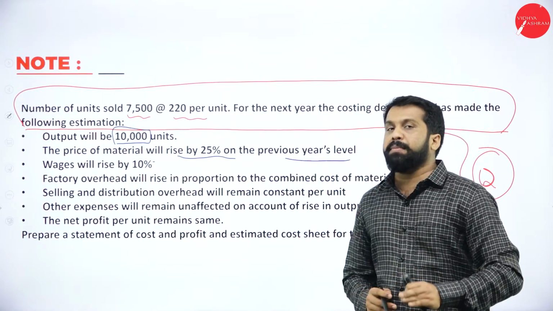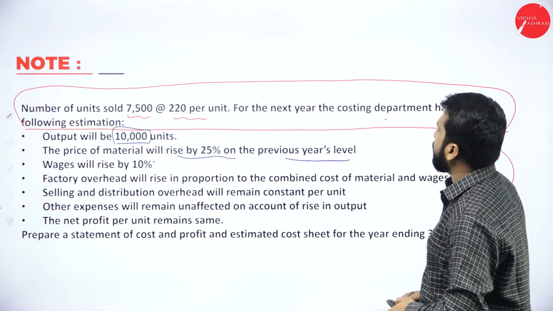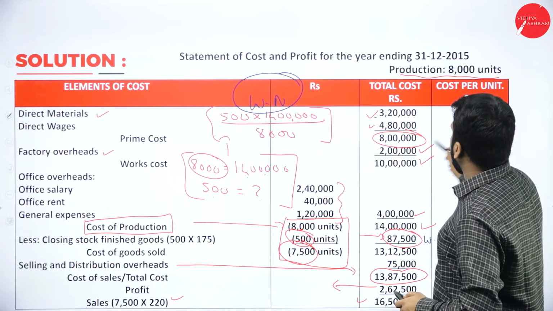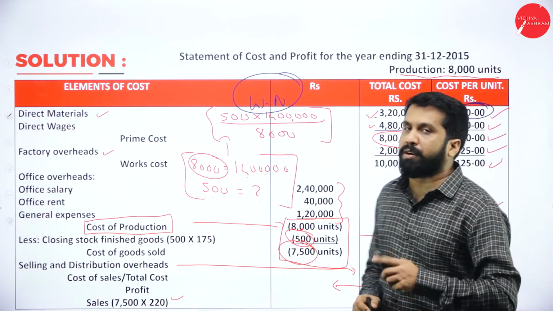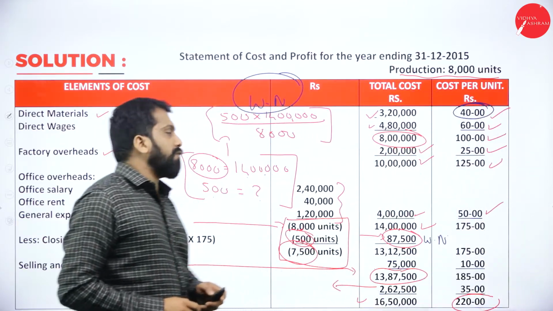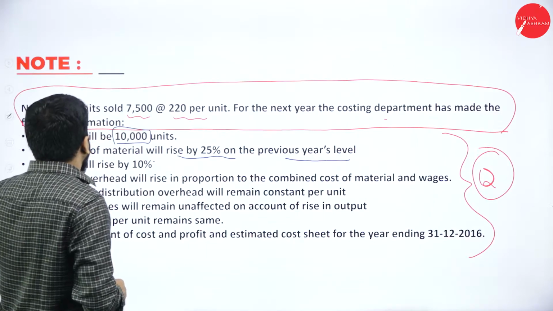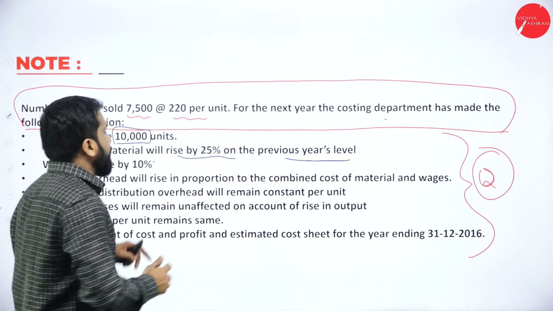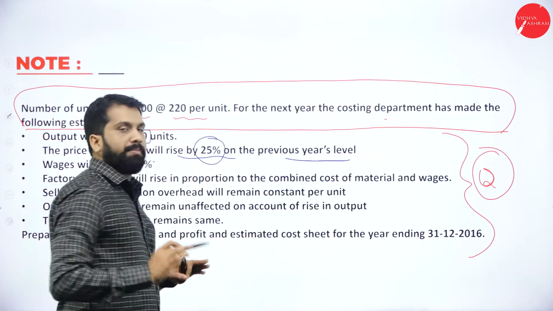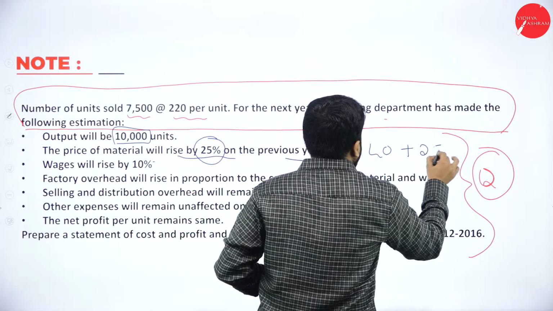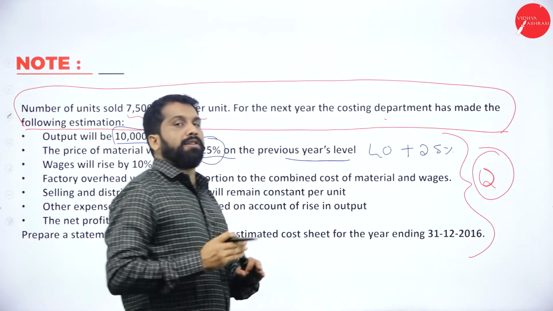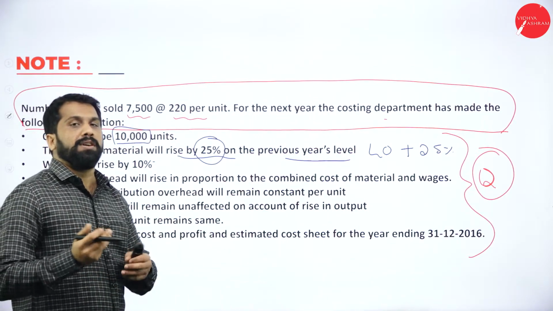So whatever material we have taken, material is 40. But the price of material will rise by 25%, means your 40 plus 25%. 40 plus 25% means it will come around 50.